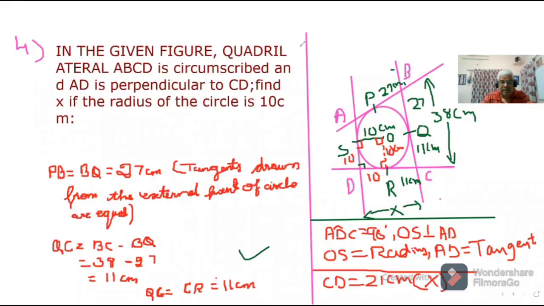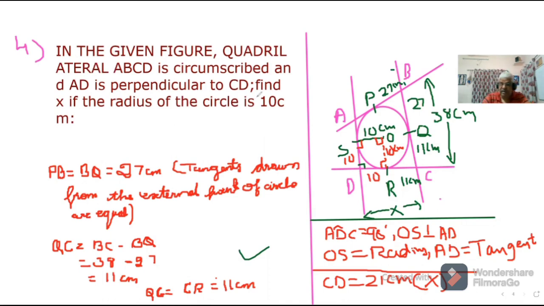Right, my dear friends, today's fourth sum here they have given is a very important sum for ICSE and also for CBSE class 10. In the given figure, quadrilateral ABCD is circumscribed and AD is perpendicular to CD. You have to find the value of x if the radius of the circle is 10 centimeter.